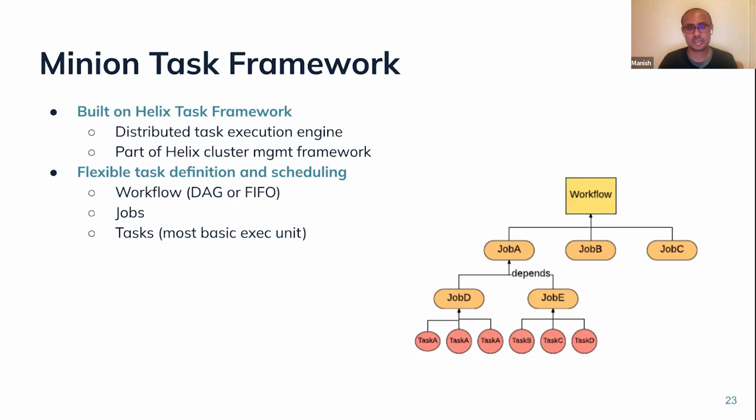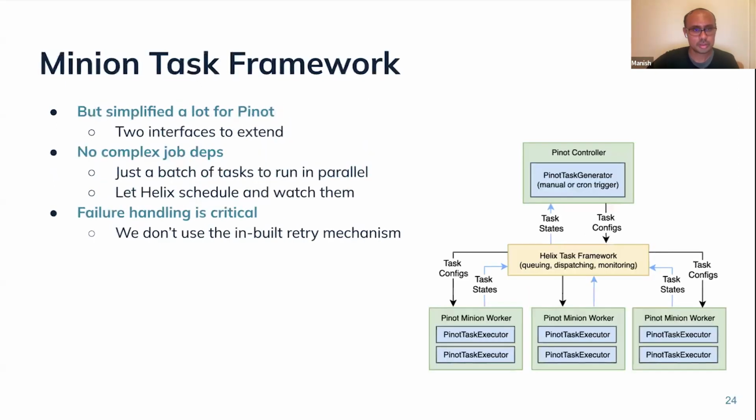So it provides that framework as well. Although for the Minion task framework itself, we don't need a complex DAG, which I will show in a bit, in terms of what it's composed of. So the Minion task framework is a more simplified version. We don't use the DAG as such. We have only two levels.